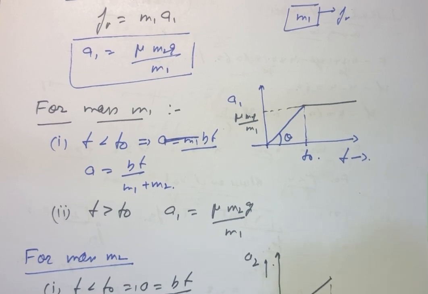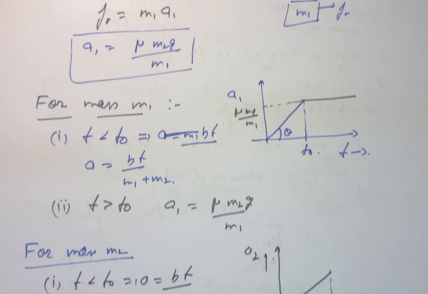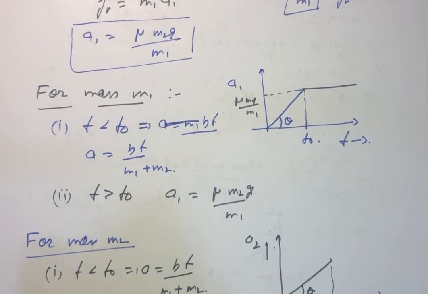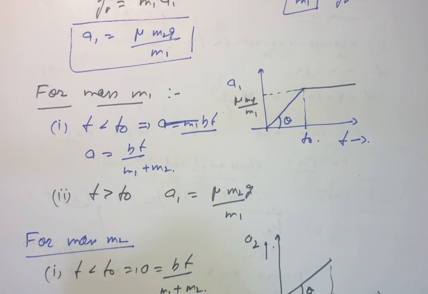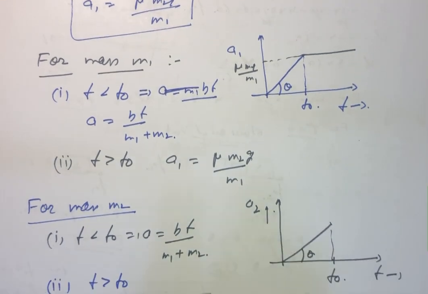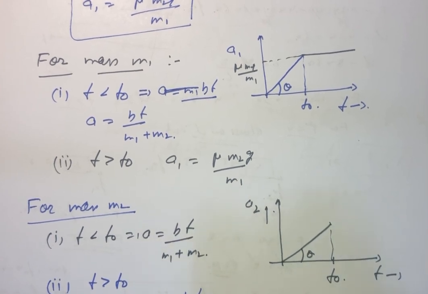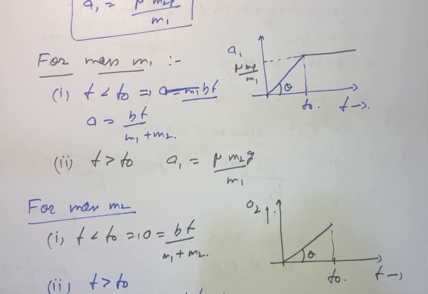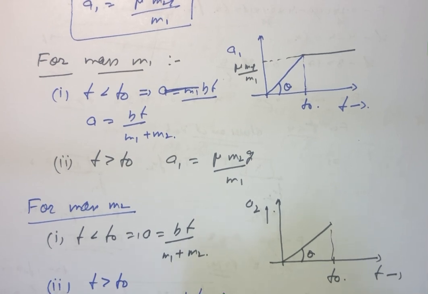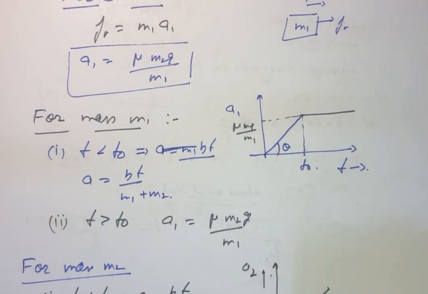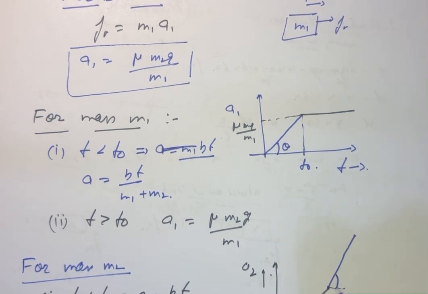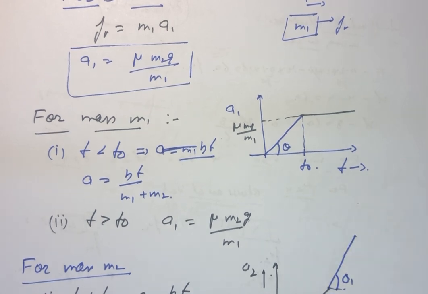This angle is theta. For the second part, for t greater than t naught, the acceleration is given as a2, which is equal to (bt minus mu m2g) divided by m2. So here there will be an increase in the slope like this, and let us suppose this angle is given as theta 1.